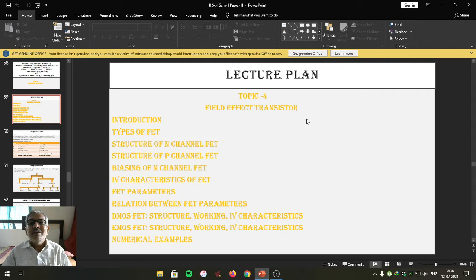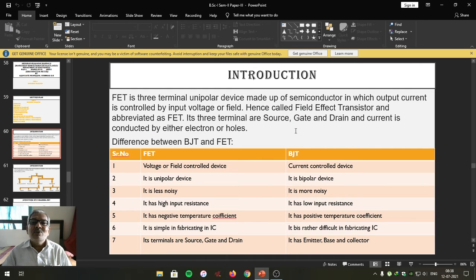Student friends, this is the plan of our lecture so as to complete topic number 4, that is the field effect transistor. Let me continue further to introduce the field effect transistor under the title known as Introduction.